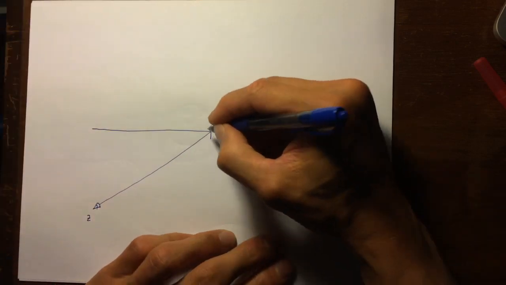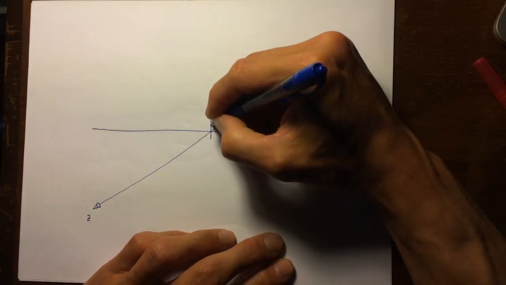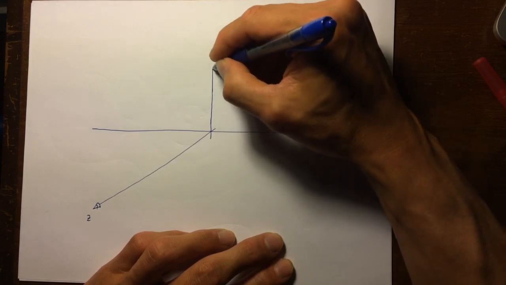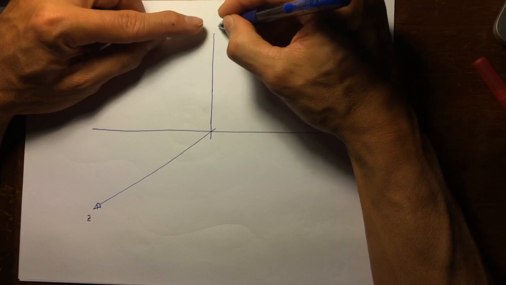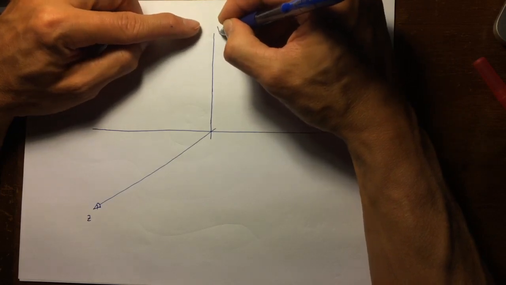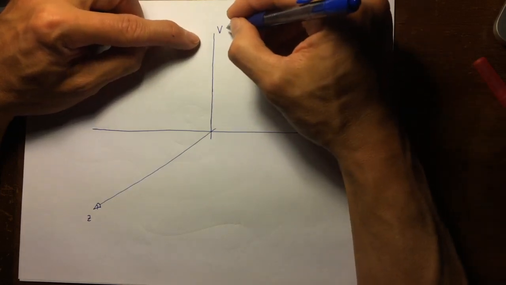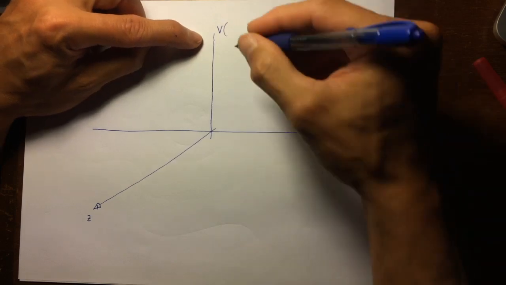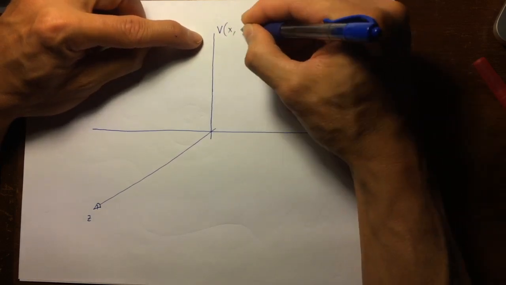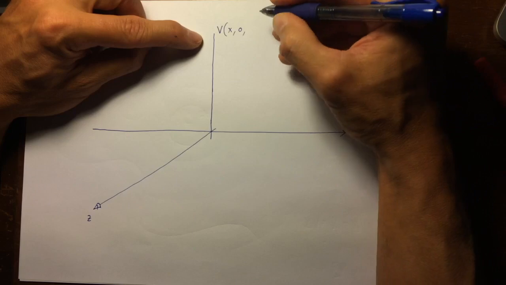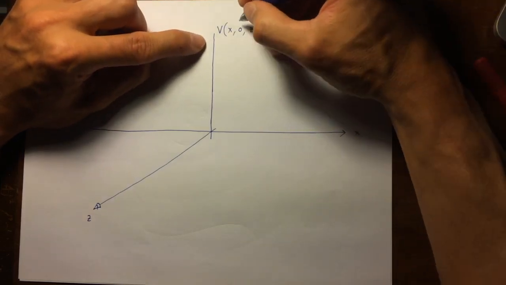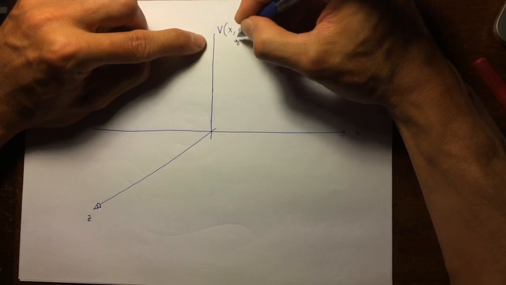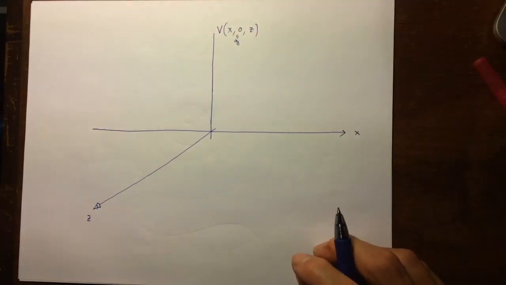And this axis, I'm going to fake you out, is not the y-axis. This instead is V as a function of x, comma, 0, comma, z. That is, the y value is always equal to 0.